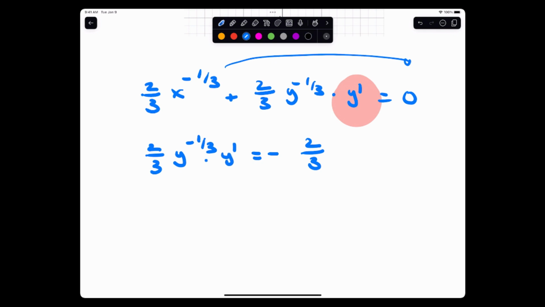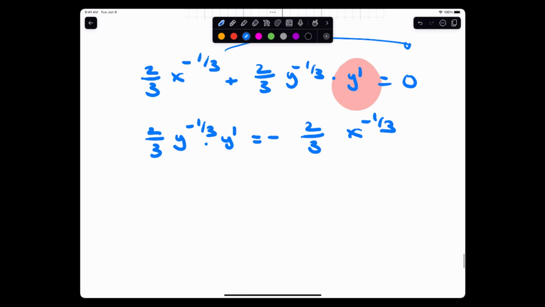Let's double check. Okay. X to the negative 1/3. And don't your 2/3 cancel? So you got y prime over the cube root of y, which is really negative 1 over the cube root of what?